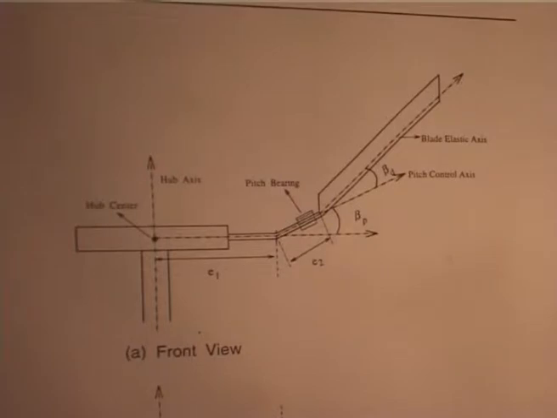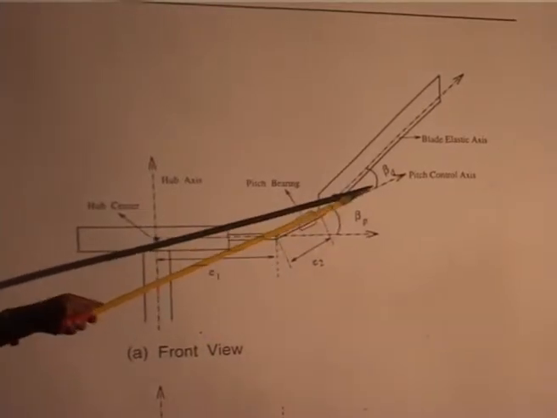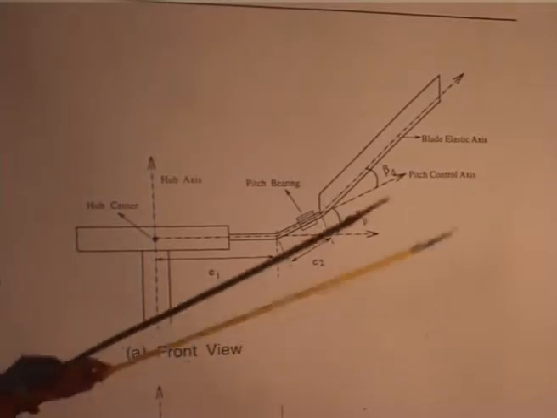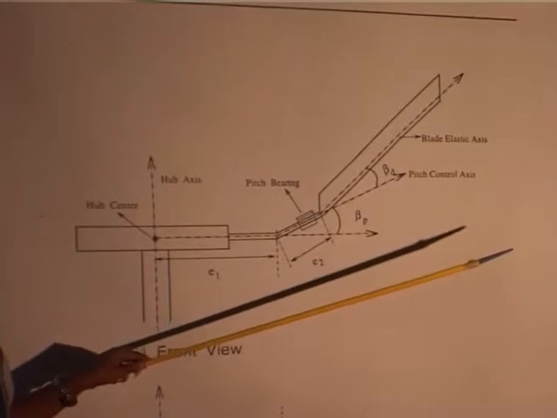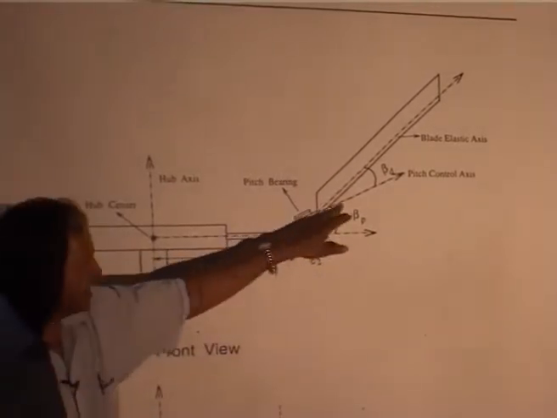Now, the blade can be inclined with respect to the pitch bearing, and that is called pre-droop. So, pre-cone and pre-droop, these are two terminologies. Why this difference is, you change the pitch angle by rotating the blade about this axis.